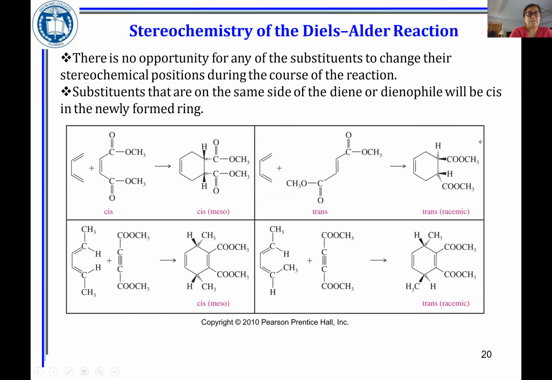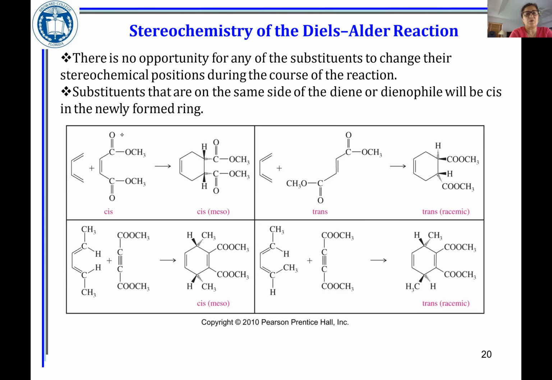Okay, so if you look at some of the geometrical structure of these dienes and the dienophile, you can get, if you have a cis di-substituted dienophile, sorry. So it's basically stereochemistry.